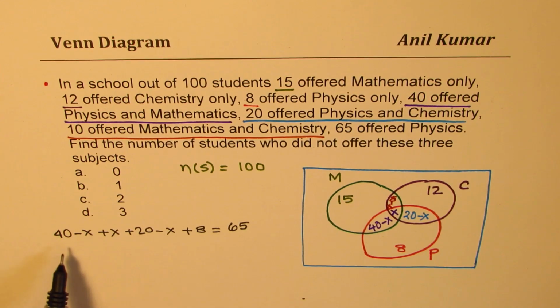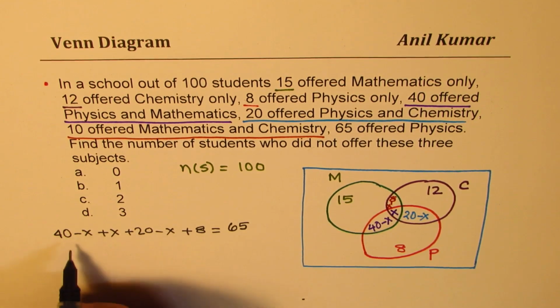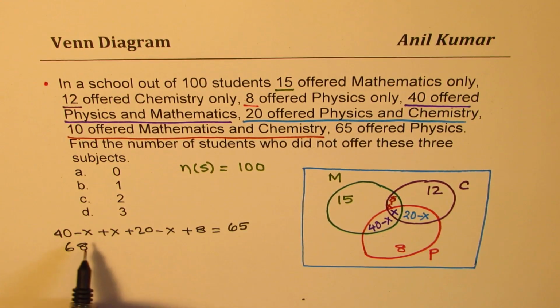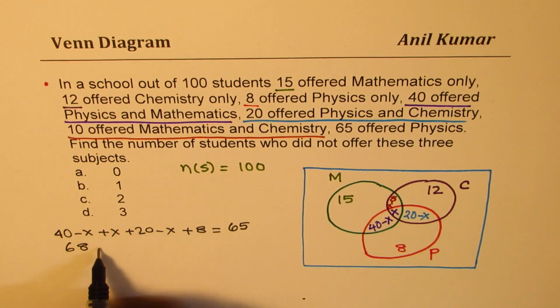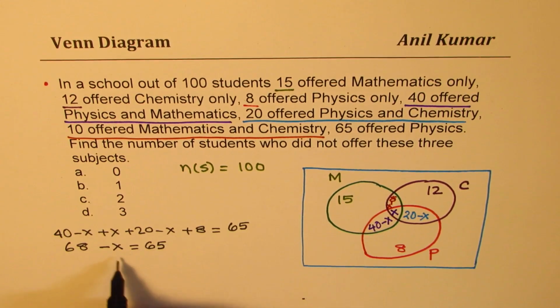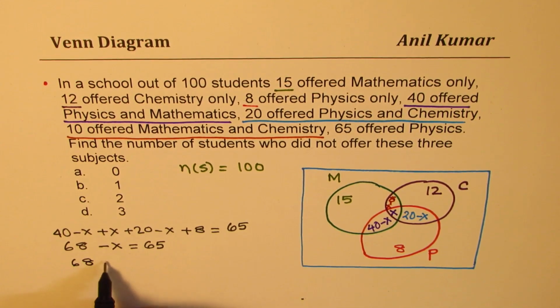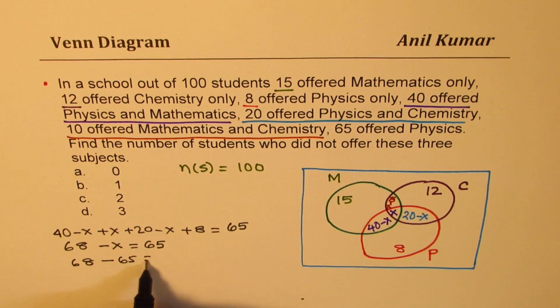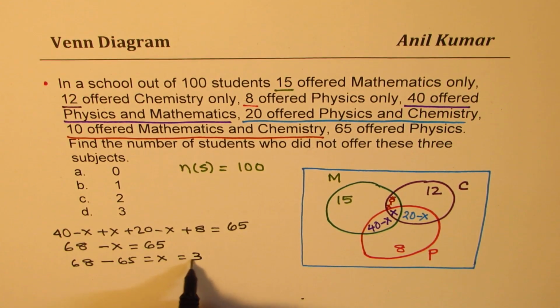So let's add them up. So we have 40 plus 20, 68, right? So we have 68 minus X plus X, and then we have minus X equals to 65. Or we can say 68 minus 65 equals to X, that is 3.